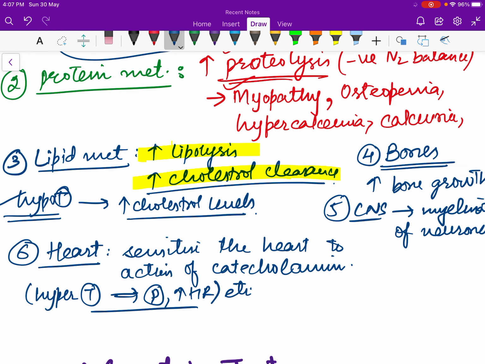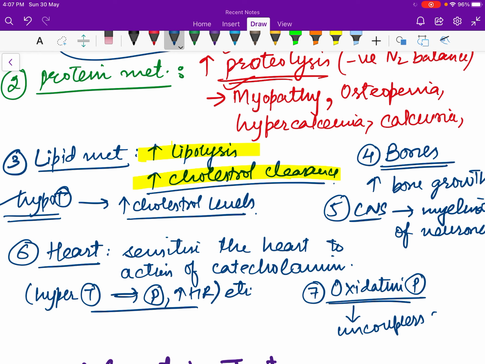Point number 7 is regarding oxidative phosphorylation. Thyroid hormones act as uncouplers of oxidative phosphorylation, because of which there will be less ATP production and increased heat production.